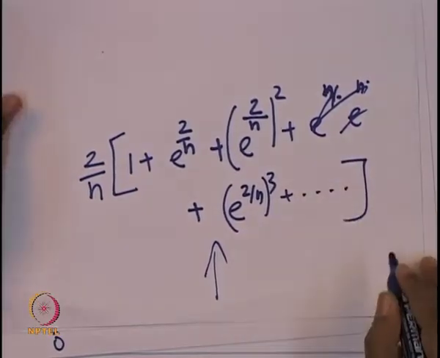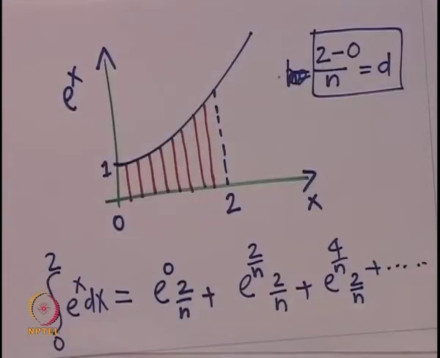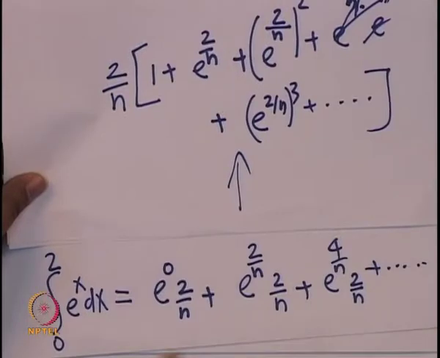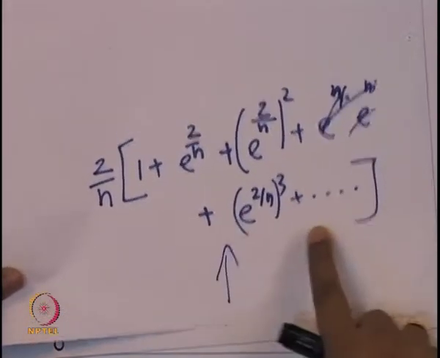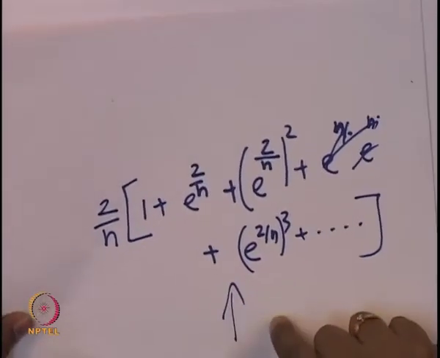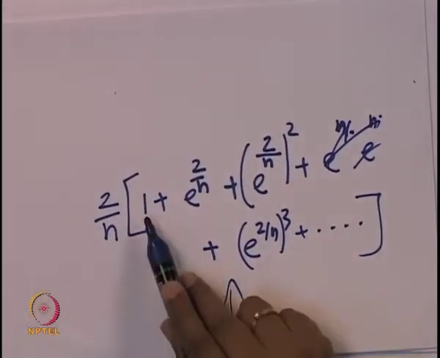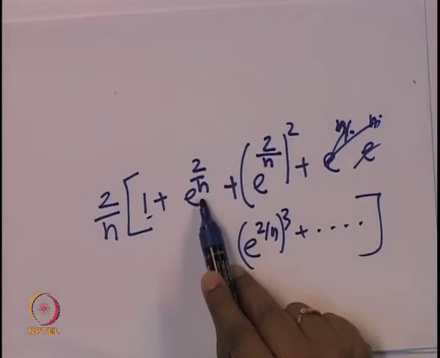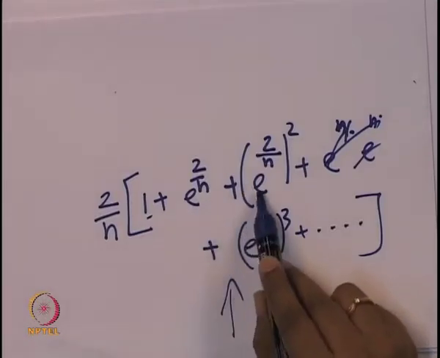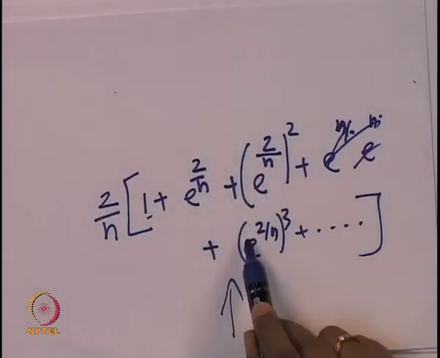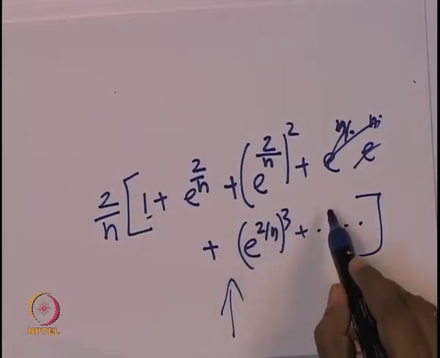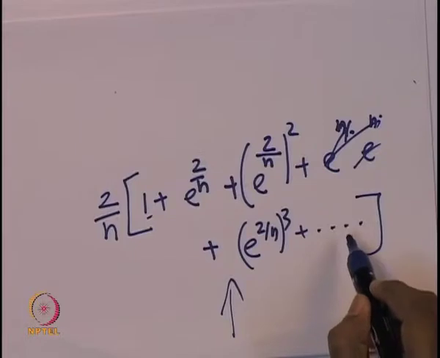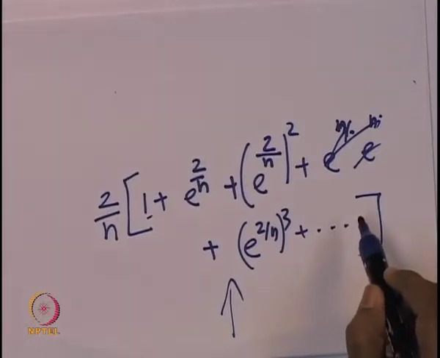This is going to be a sum. Think about it, and try this yourself. A sum like this can be rewritten in this particular way. What you have is 1 plus e power 2 by n plus e power 2 by n whole square plus e power 2 by n whole cube plus e power 2 by n whole power 4 plus e power 2 by n whole power 5.